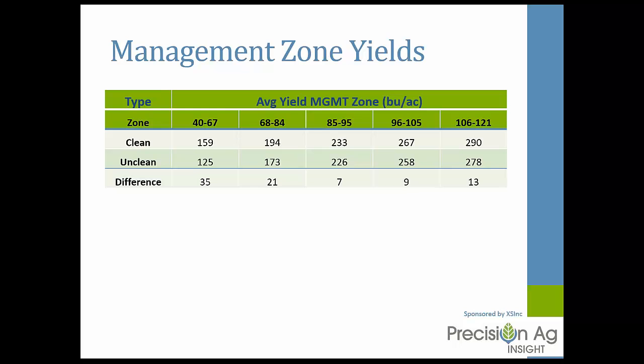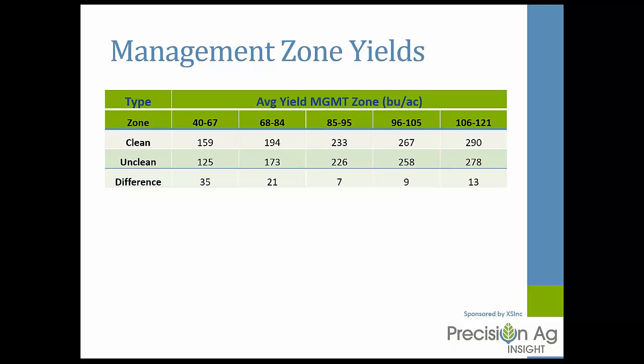And perhaps I should explain the zones in the green cells across the top of the table. The 40 to 67%, you can think of that as normalized yield or historic yield average. So that would be 40 to 67% of the long-term field average. You can see at the relatively low yielding zone, from 40 to 67, we had a 35 bushel yield difference, which is quite large.